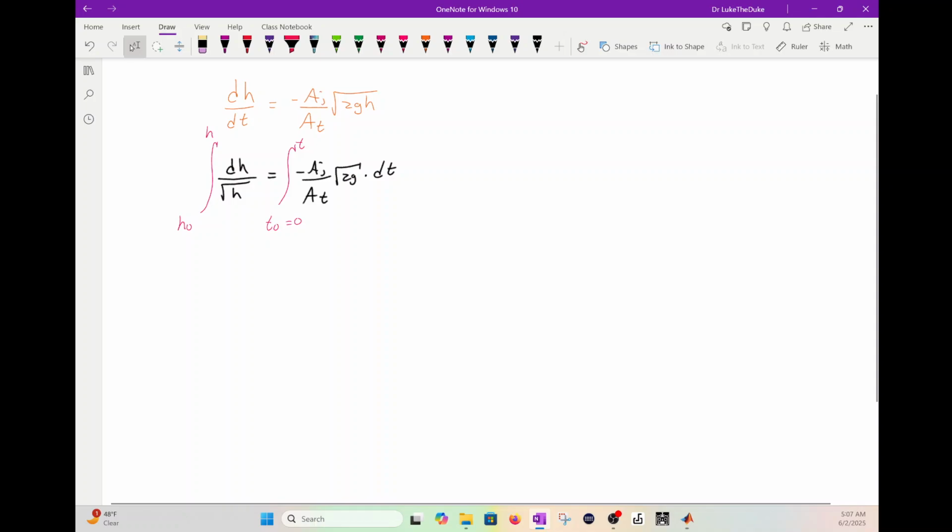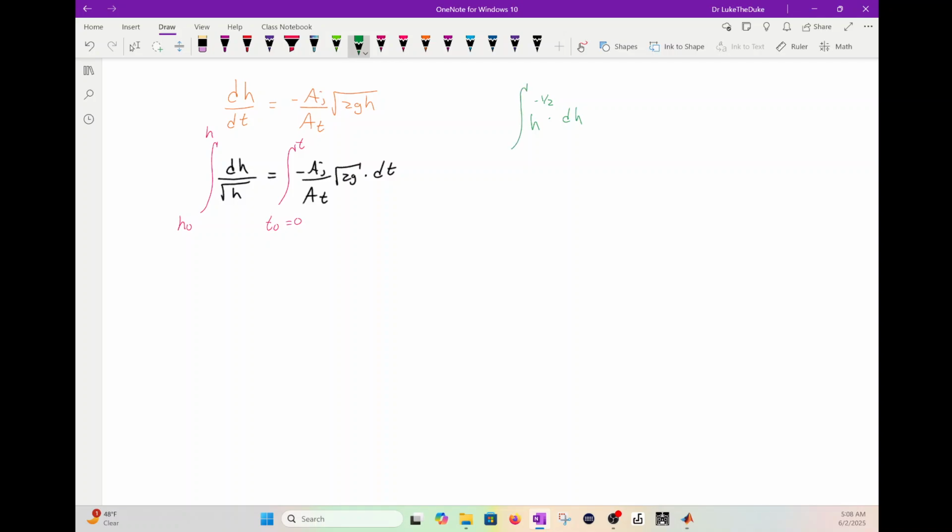So we're going to integrate dH over the square root of H. Actually, let me make this a little easier for you. I'm going to write it over here. The square root of H on the bottom is H to the negative 1/2 times dH.